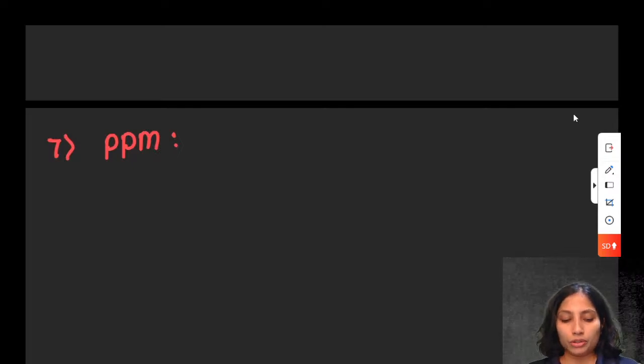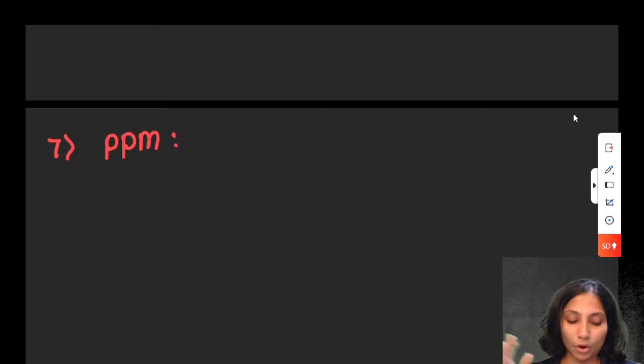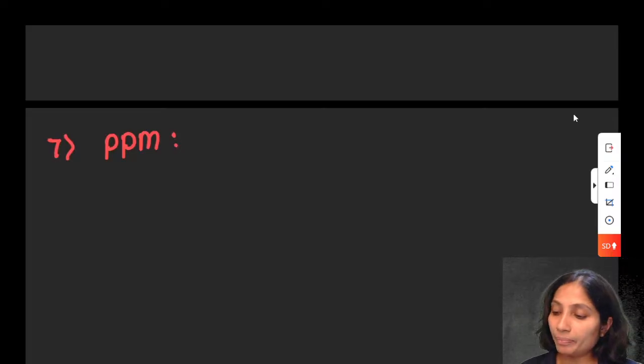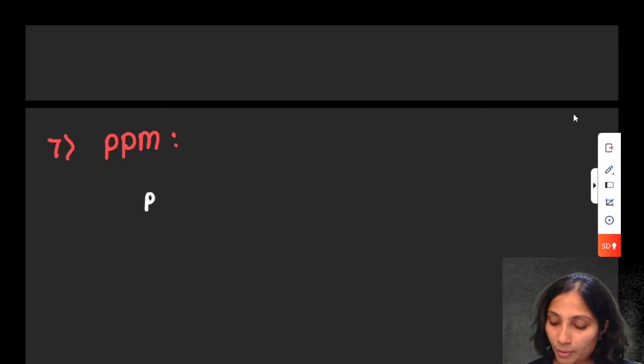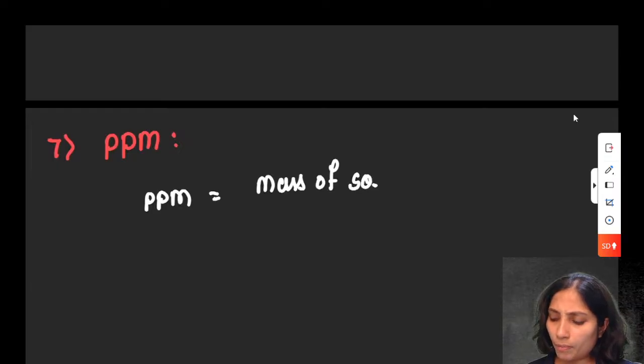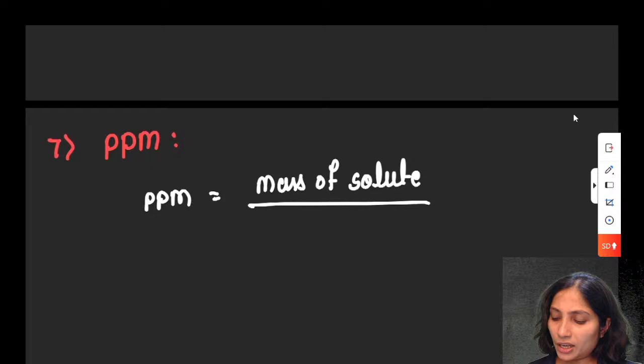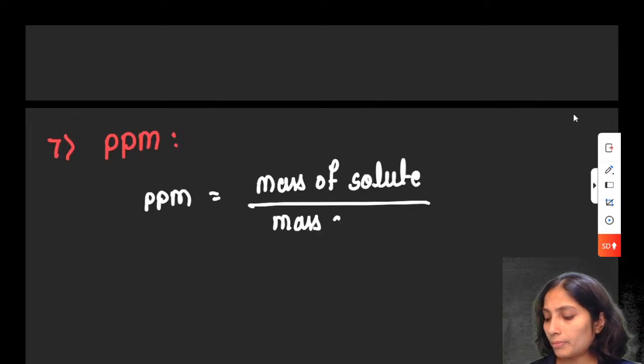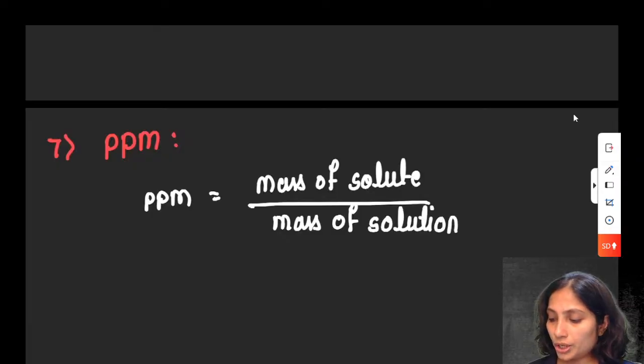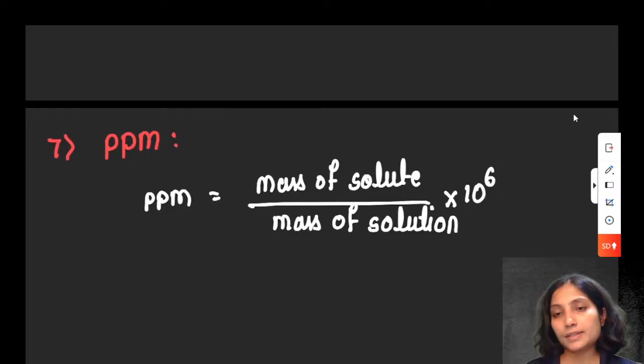How much mass of solute is present in a million parts of solution, or a million grams of solution, is nothing but parts per million. So we can represent it as ppm is equal to mass of solute, or mass of any component, divided by mass of solution, into 10 power 6. This is how we get parts per million.